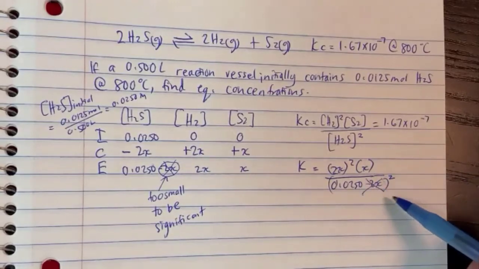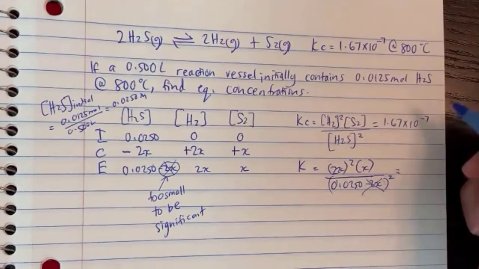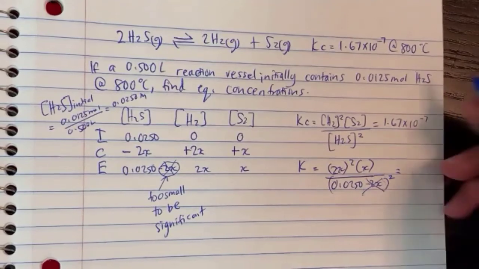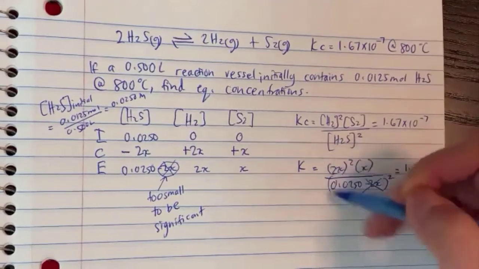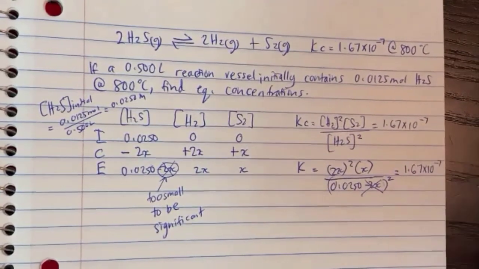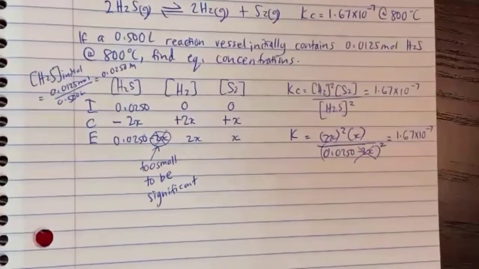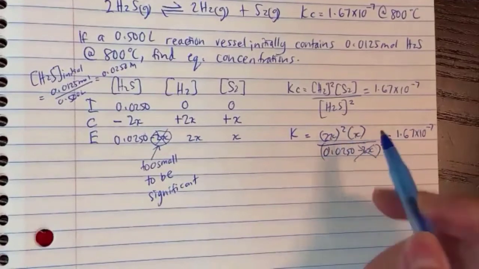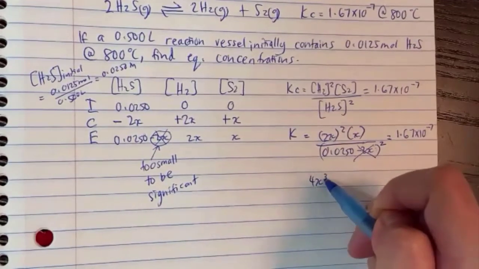So that's why we just go ahead and cross this one out and say, well, it's safe to assume 0.0250 minus 2x, 2x is so small, it's insignificant. And this whole term here still equals 1.67 times 10 to the minus 7. And now we do our math here. So 2x squared is 4x squared times x will be 4x cubed.